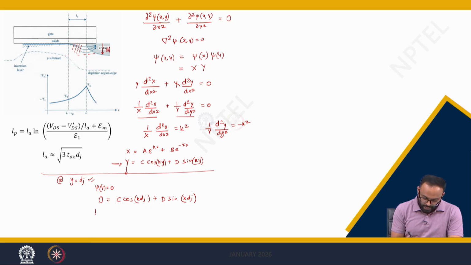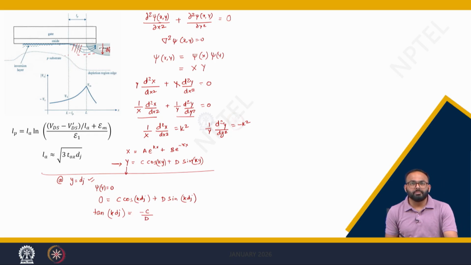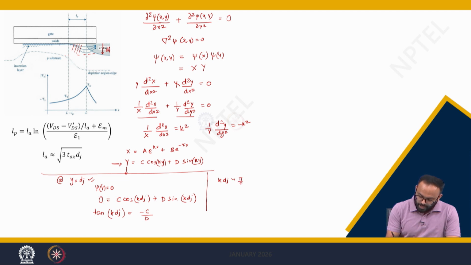You can simply rewrite it as tan(k dj) equals minus c by d. To solve for the first eigenvalue, we can simply say k times dj is approximately equal to pi by 2, or we can rewrite it as k equals 1 over dj, where dj is the junction depth.